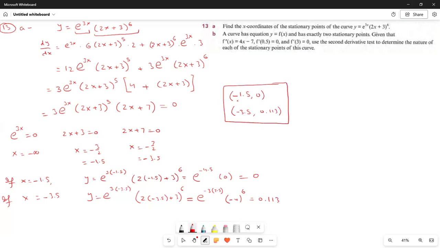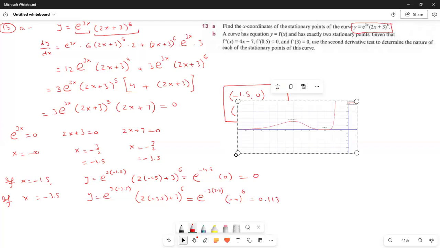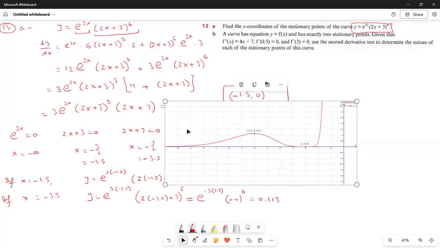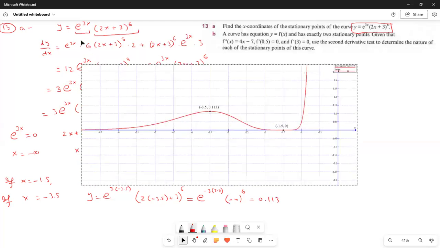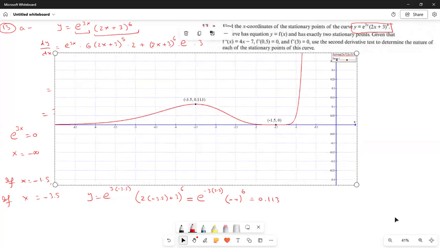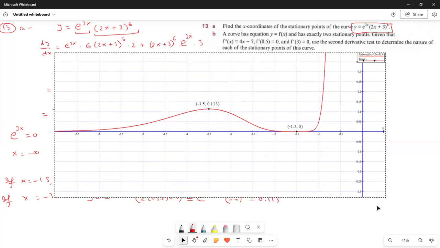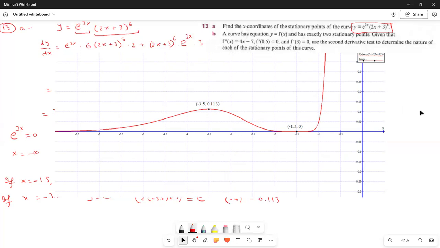Okay, let me show you graphically what we mean. I will try to sketch this given curve. Yeah, this is the sketch of the function, and you can see that it has two stationary points.